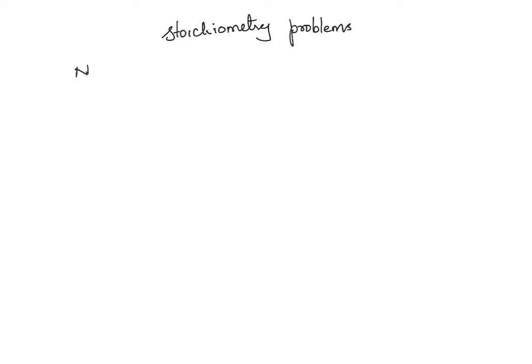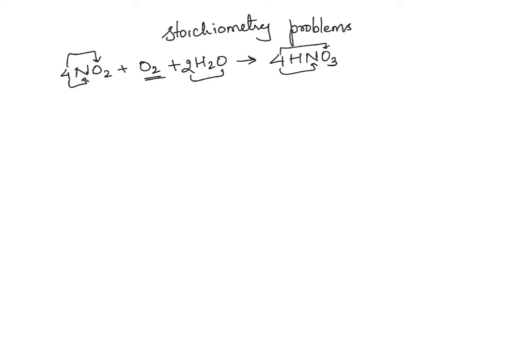In other words, given 4NO2 plus O2 plus H2O, okay, just to make sure, let's check if this is balanced. 4 nitrogens, 8 plus 2, 10 plus 2, 12 oxygens, 4 multiplied by 3, 12 oxygens, 4 hydrogens and 4 hydrogens.